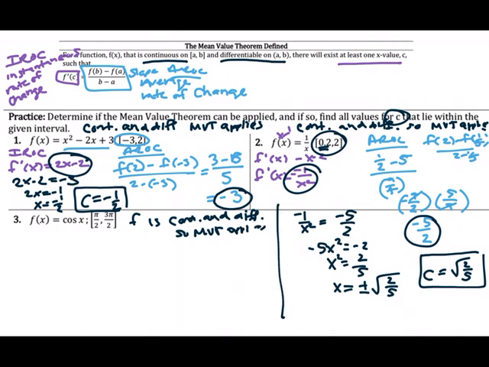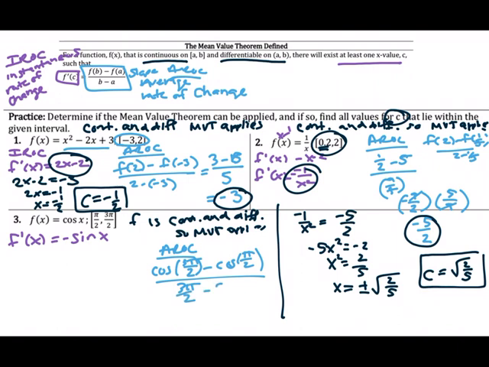So the very first thing I'm going to do is find the derivative of this. The derivative of cosine is negative sine. Then I'm going to find the average rate of change for cosine. So I'm going to plug in cosine of 3 pi over 2 minus cosine of pi over 2 over 3 pi over 2 minus pi over 2.